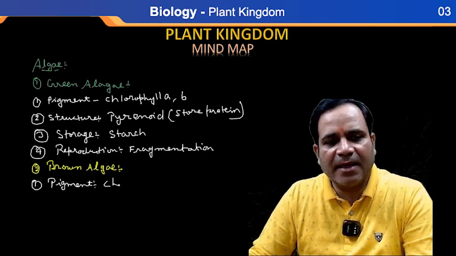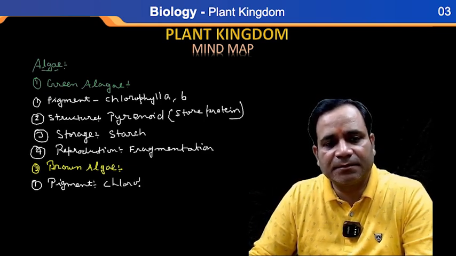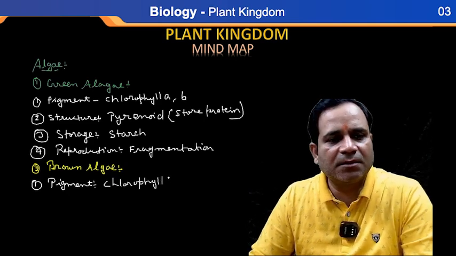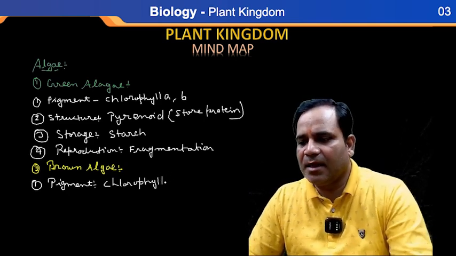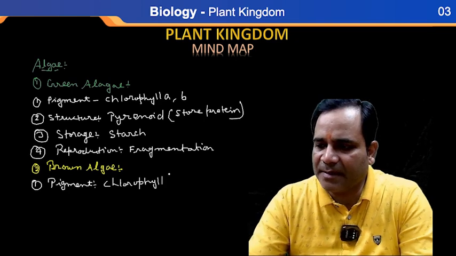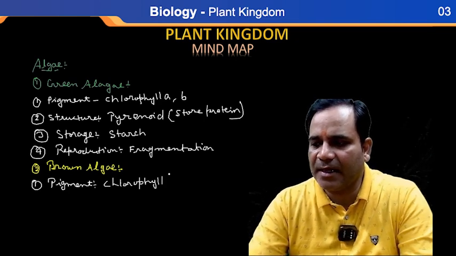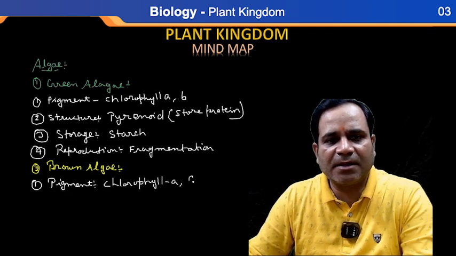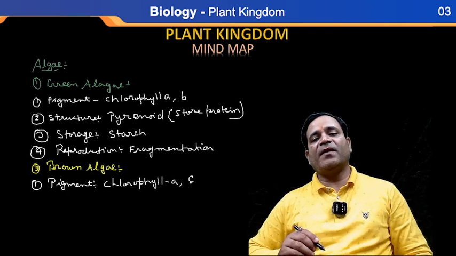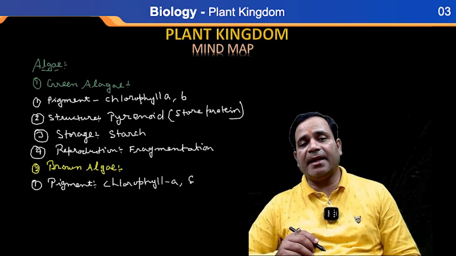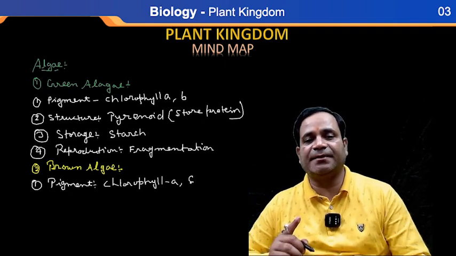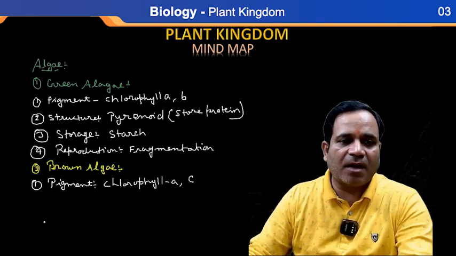Chlorophyll A and chlorophyll C. Chlorophyll A and B is present in green algae, while chlorophyll A and C is present in brown algae.